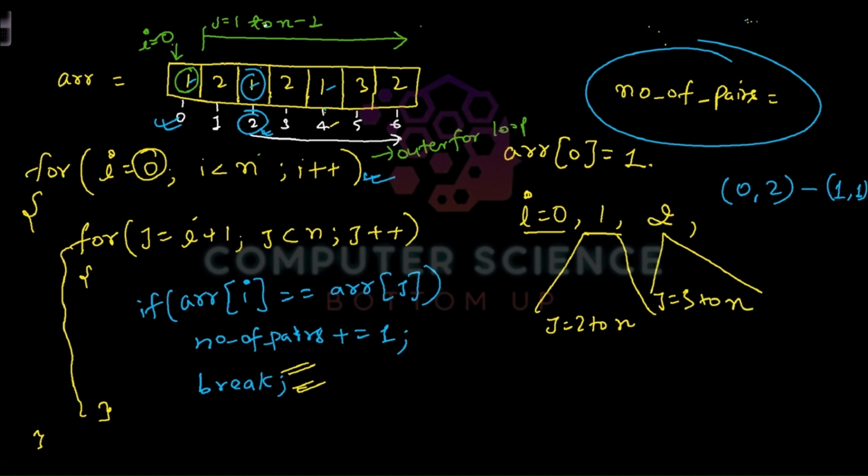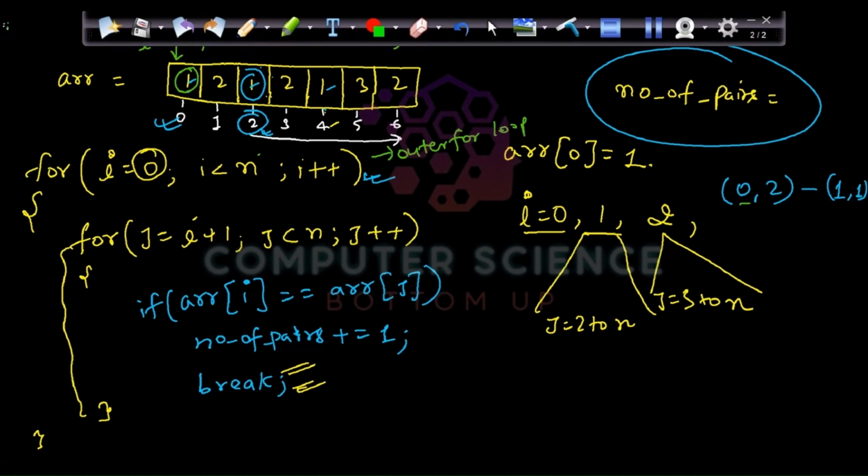The answer is no. Because you found a match for 0 and 2 and you broke from this inner loop and did not iterate j further to get another match. In a similar manner, it means 2 has also got its match with 0. Now, when i is 2, you should not be going in this loop.